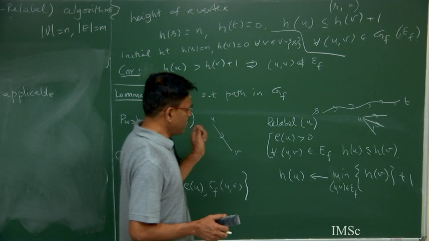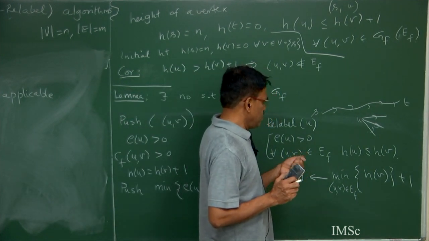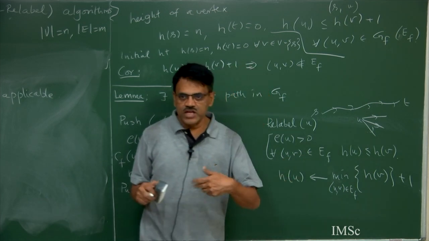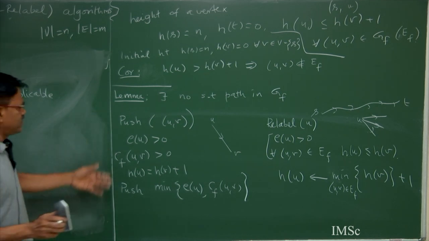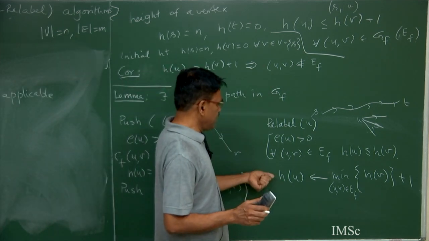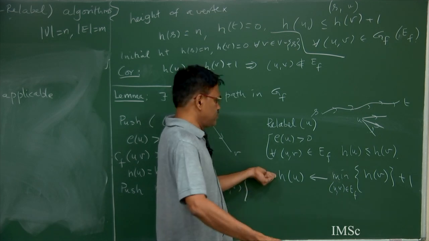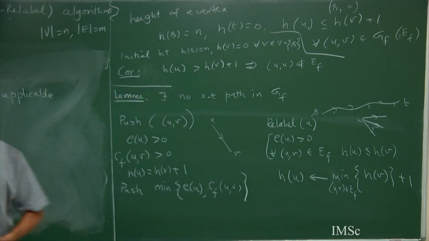The only thing to look at carefully here is, suppose I have excess, why should there be some edge out of it in the residual network at all? As long as there is some edge out of it in the residual network, I can push. But why should there be some edge out of a vertex which has an excess? Why would there be such an edge?